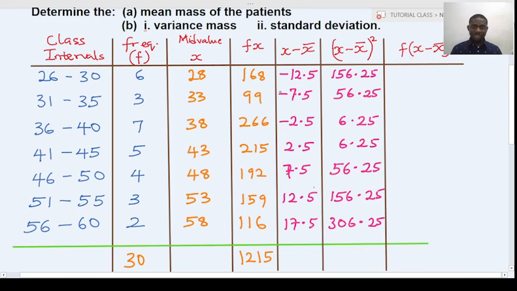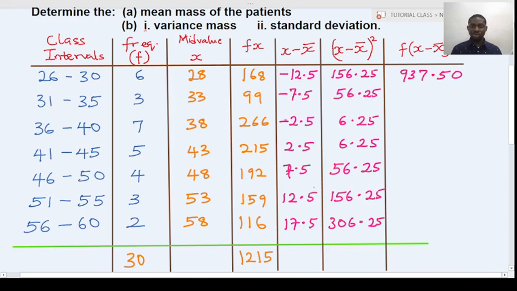Now we have to find the product of frequency with this. That is 6 multiplied by 156.25, which gives us 937.50.